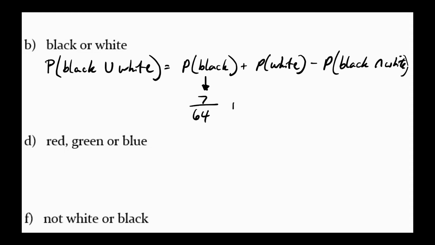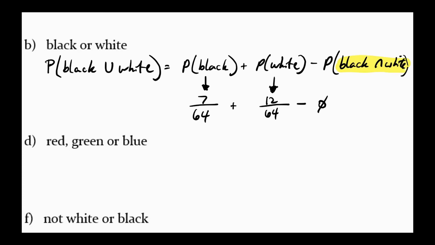Okay. Plus, what's the probability of reaching in there and pulling a white one out? 12 out of 64. Minus any overlap.